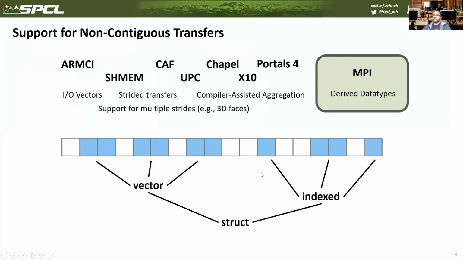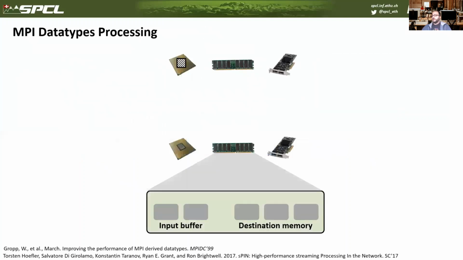Then you give this to the MPI implementation, and the MPI implementation will make sure of doing this packing and unpacking as we described. Let's see how this works, again assuming a naive implementation. Here we have the sender on the top and the receiver on the bottom. In this work, we focus only on the receiver. If you have questions about the sender, we can discuss them later.